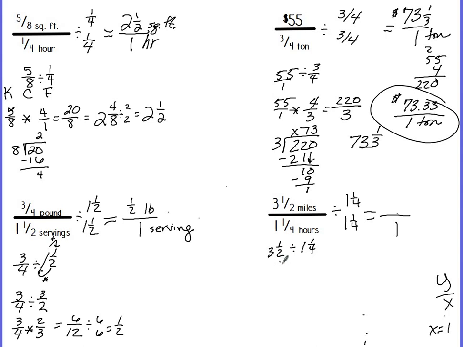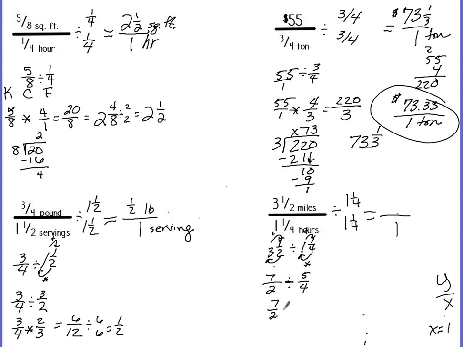Remember, convert first. So I have 3 groups of 2, which is 6, plus the extra is 7 over 2. It's still a division problem. I'm not to the keep, flip, change yet. Here I have one group of 4, which is 4, plus 1 is 5, so I get divided by 5/4.